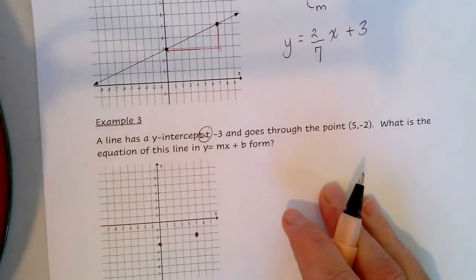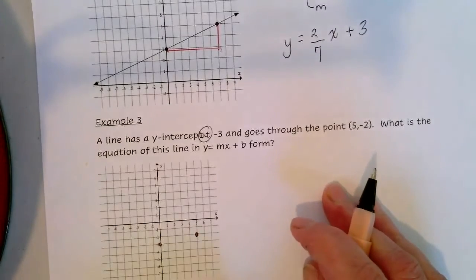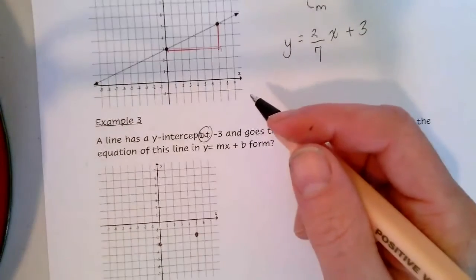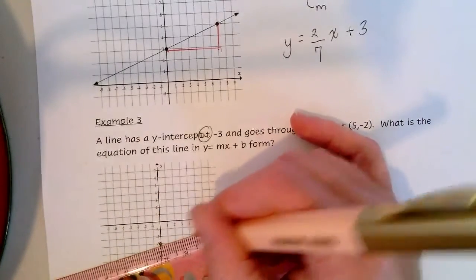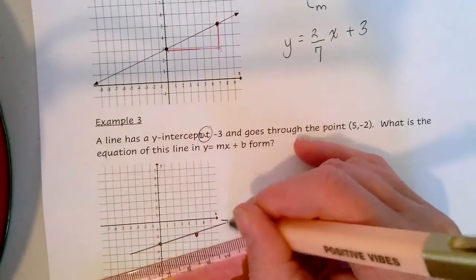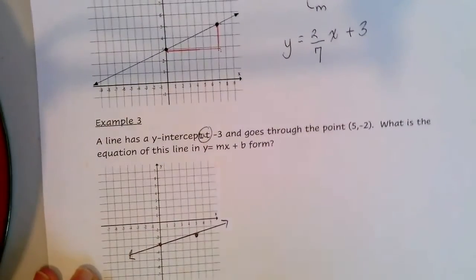So I can take the information that's presented and put it into a graphical format. If I connect these 2 points, it now looks like the questions that we've been looking at up above.